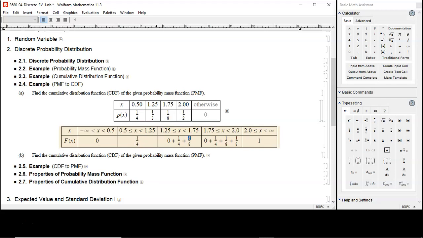And this one is going to be 3/8. And then 3/8 plus another 1/8, so this is going to be 1/2 and then 1. Eventually, you're going to get that. All right?